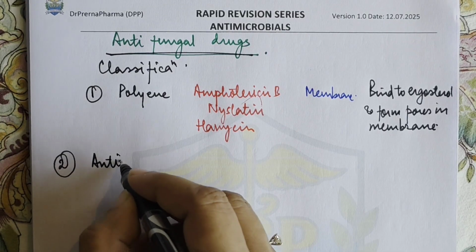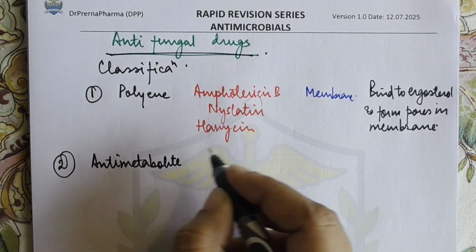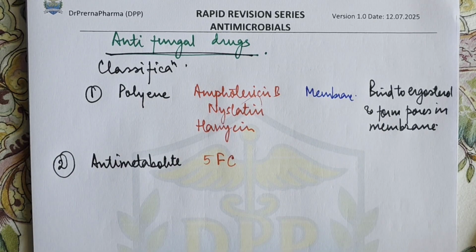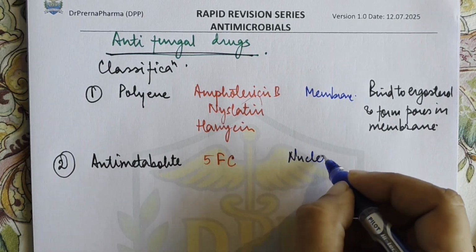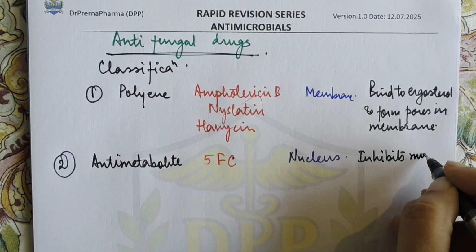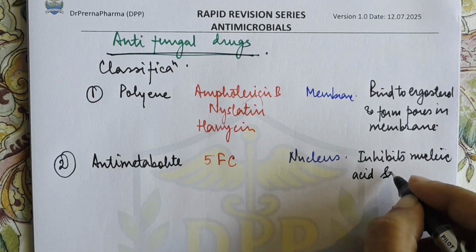Then antimetabolite. In antimetabolite we have 5-flucytosine. This basically acts in the nucleus and inhibits nucleic acid synthesis.